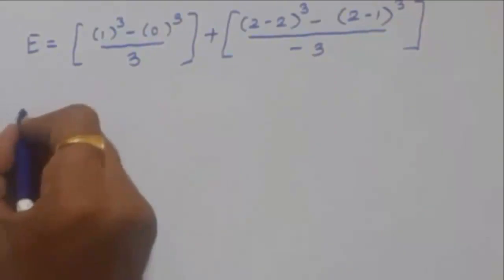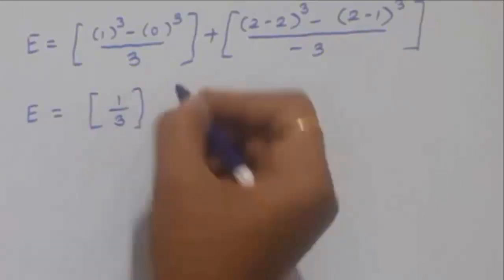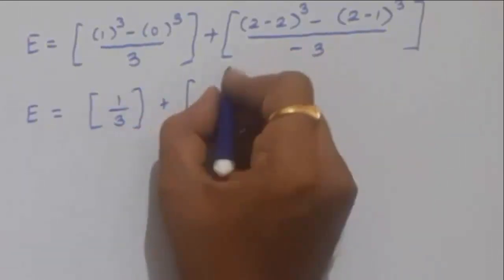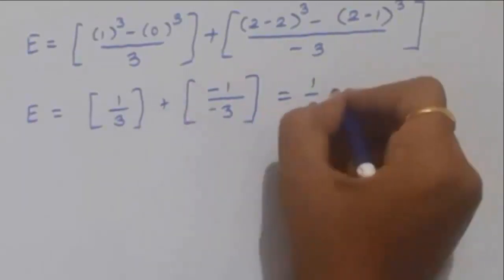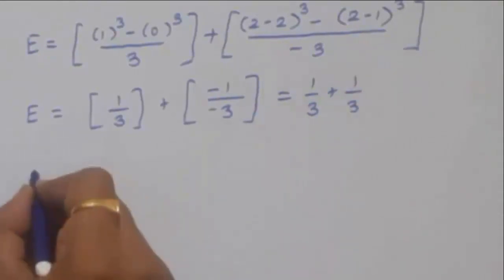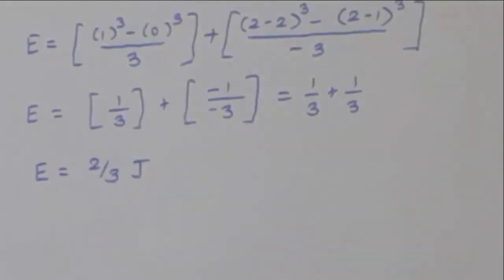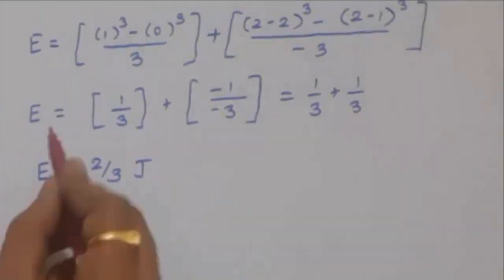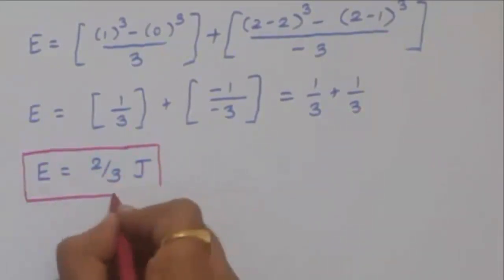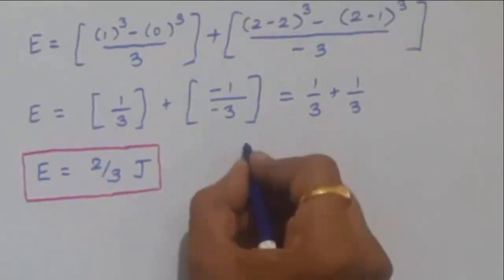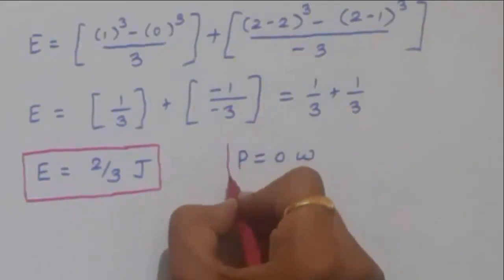So simplifying this, we will get the first bracket term as 1 by 3 and the second bracket term as minus 1 upon minus 3. So the minus sign will get cancelled and we'll get 1 by 3 plus 1 by 3. So the energy of the signal is 2 by 3, as the given signal has non-zero and finite energy. Given signal is an energy signal, hence its power will be 0.